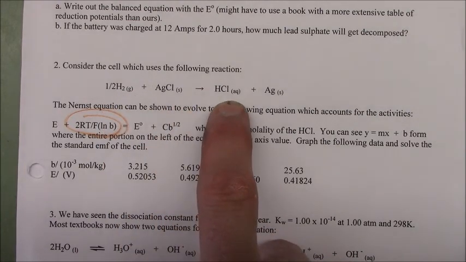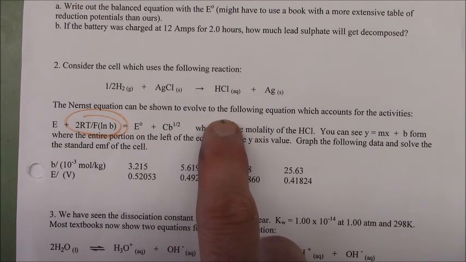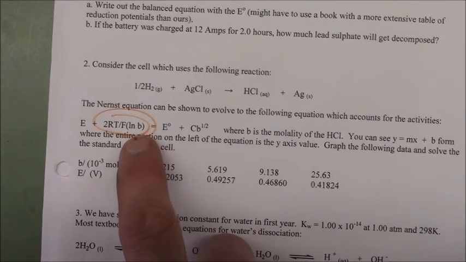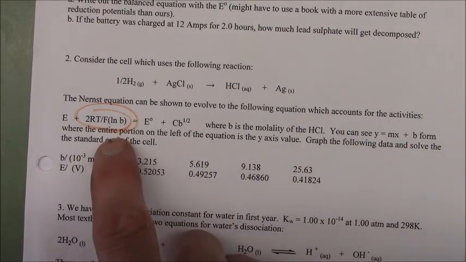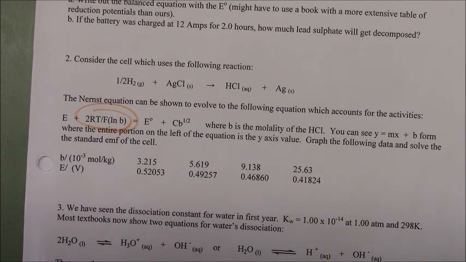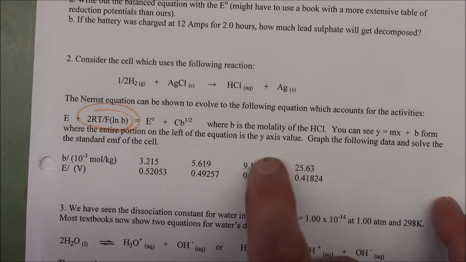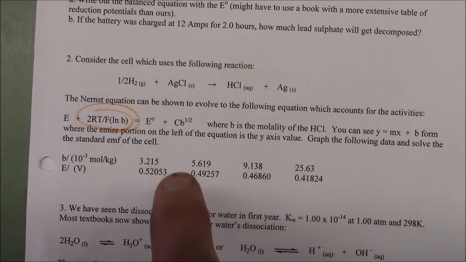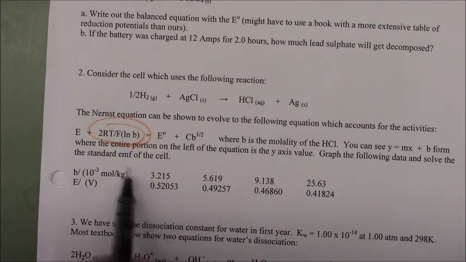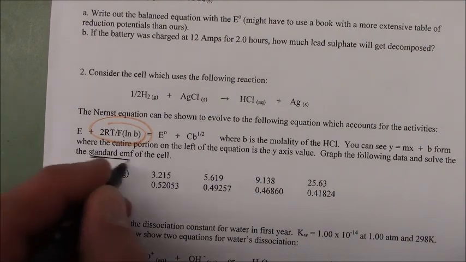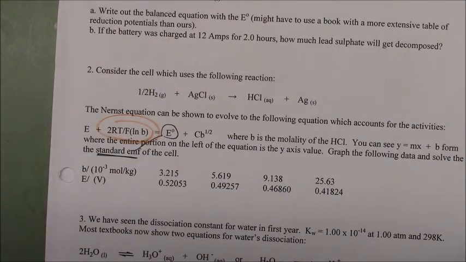This is the reaction. The Nernst equation can be shown to evolve to this equation, which accounts for the activities. B is the molality. Graph the following data. So they want the standard, which is this.